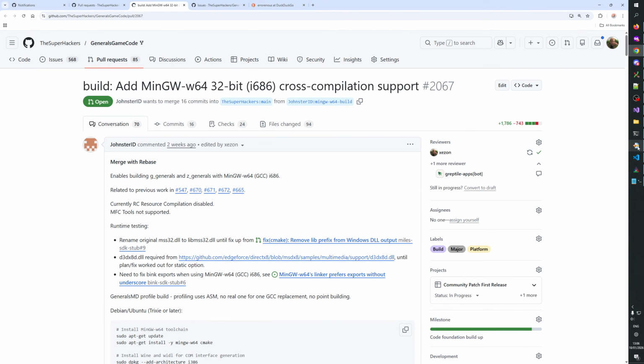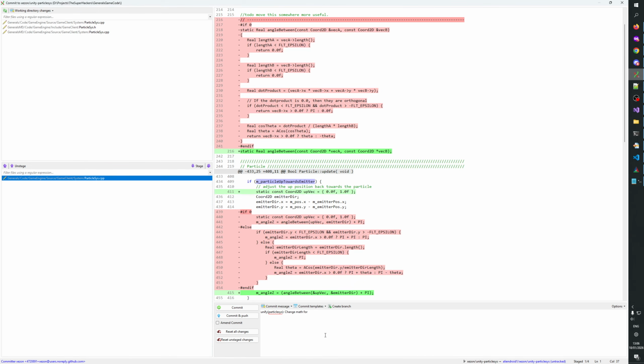Then I would say change math for aligning particle Z rotation to emitter direction. Does that make sense?